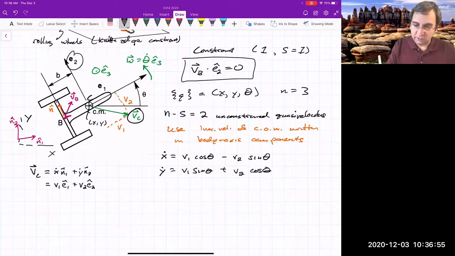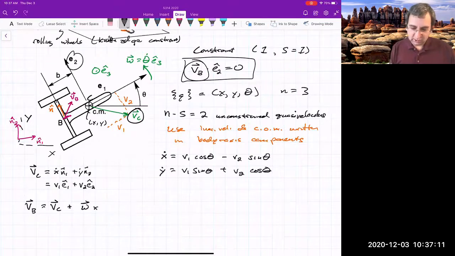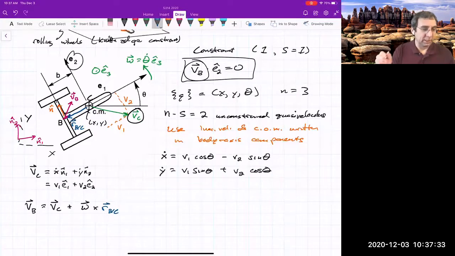For the constraint up here involving VB, we need to use the fact this is a rigid body. So the velocity of particle B is the velocity of particle C plus the angular velocity cross the location of B with respect to C, RB with respect to C. For a rigid body, this is how the velocities of any point on it are related.